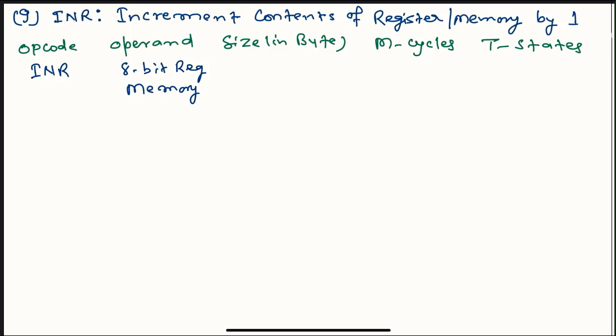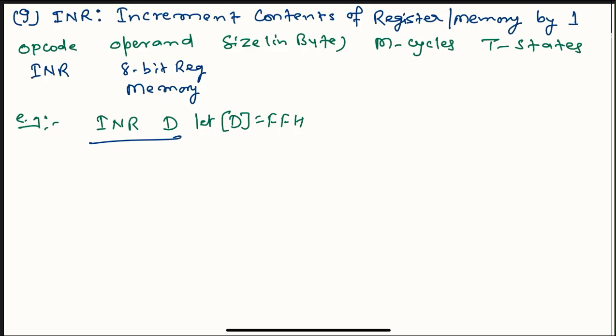For example, we can take INR D, and let the content of the D register be FFH. INR D means it will increment the content of the D register by 1, and after incrementing, the result will be stored into that register itself.